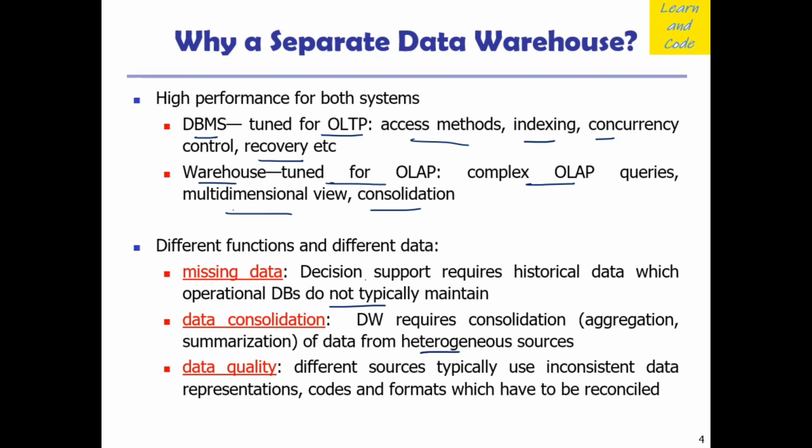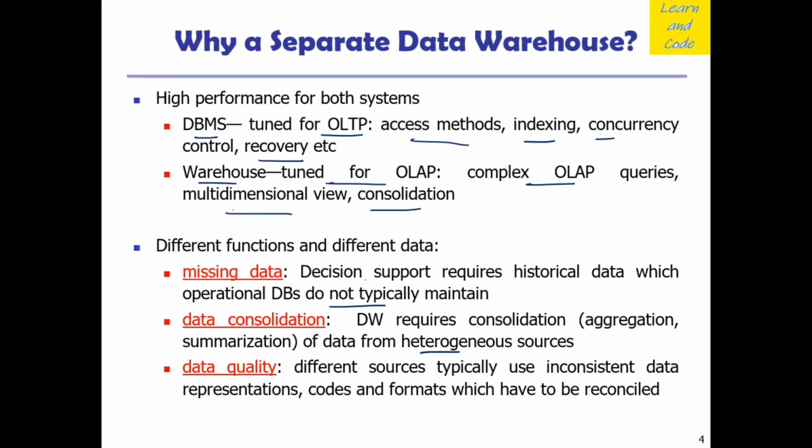If we talk about data quality, different sources typically use inconsistent data. As we discussed in the last class, when we were talking about the integration of data from various sources, they generally have different structures, right? Different sources would have different structures, so there may be some sort of inconsistency in the data also.